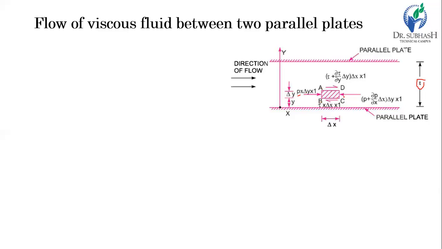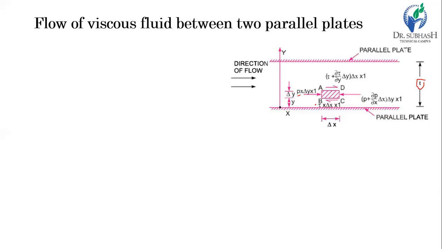In the same way, pressure acts on the side CD, again perpendicular to the surface, and in the opposite direction. But keep in mind, the intensity of pressure here is something different; it may increase or decrease, which we cannot say at the moment. So consider del p by del x as the rate of change of pressure in the x direction, as we have taken many times.